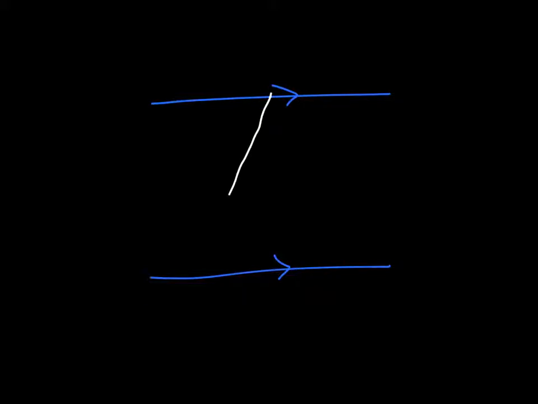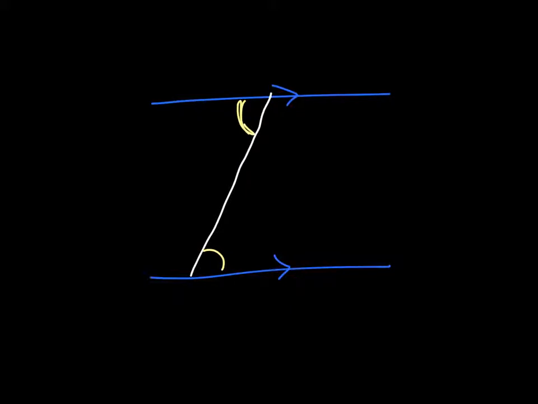Next one we're going to look at is our Z rule. So if we draw two parallel lines, and then again we draw a bisector line in between, just like so. This time we're going to look at two other angles, and these are called alternate angles.